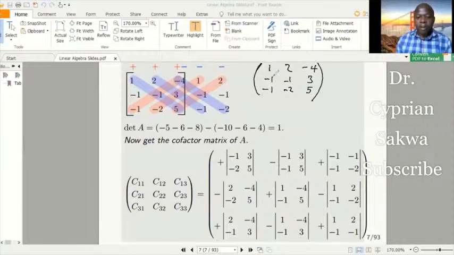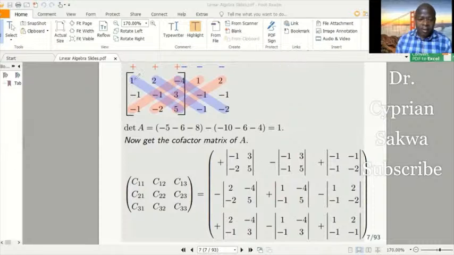We said that the sign for this element will be positive, this will be negative, this will be positive, and they will alternate. That's why you can see I put a positive here, and a negative here. Positive, negative, positive, negative. So they alternate. That's how we find those signs.